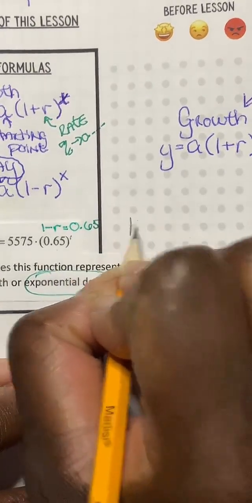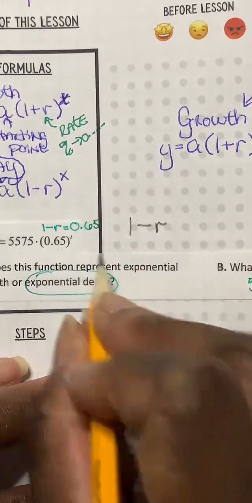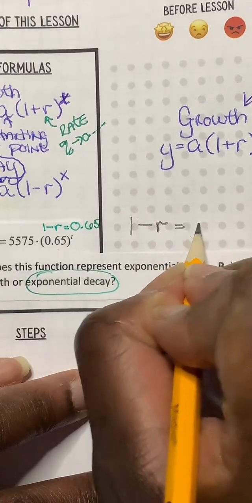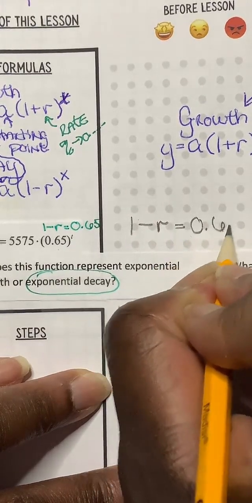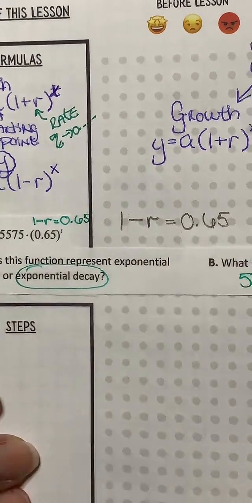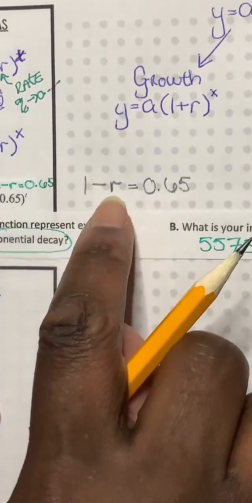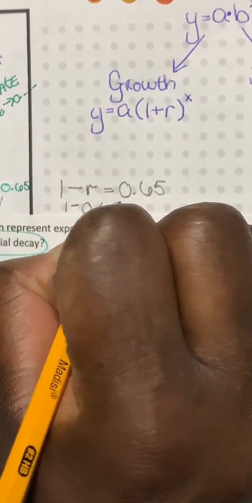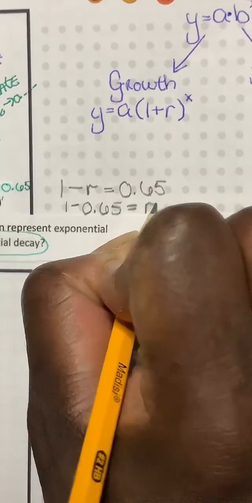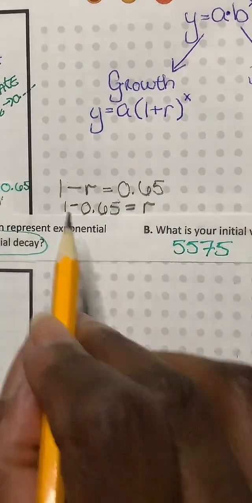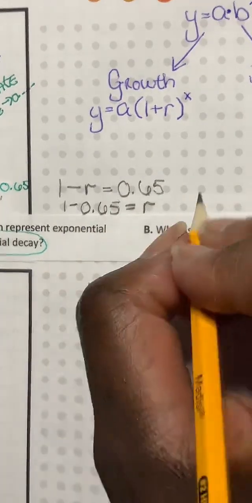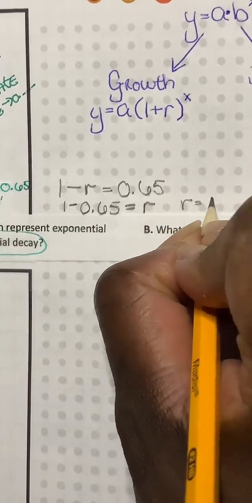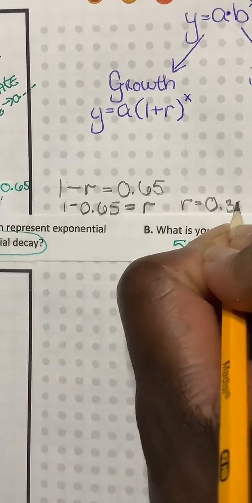So if 1 minus something, because it's decay, is going to equal 0.65, in order for me to figure out what this R is, I would have to say 1 minus 0.65 to figure out what that R is. So 1 minus 0.65 gives me 0.35.